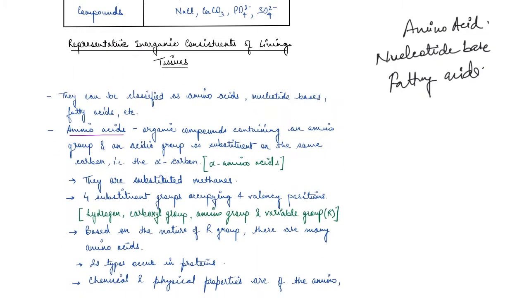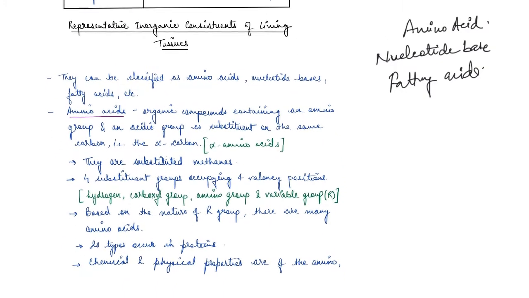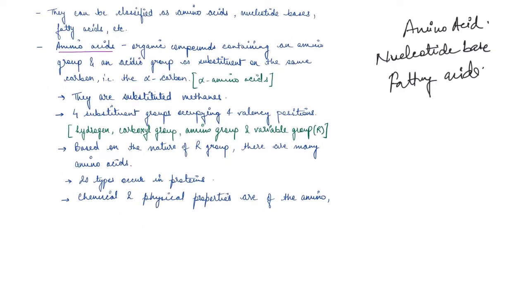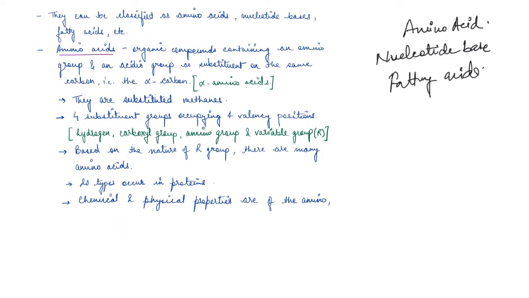Amino acids are organic compounds which contain an amino group, and they also have an acidic group which is a substituent on the same carbon, and this carbon is known as the alpha carbon.